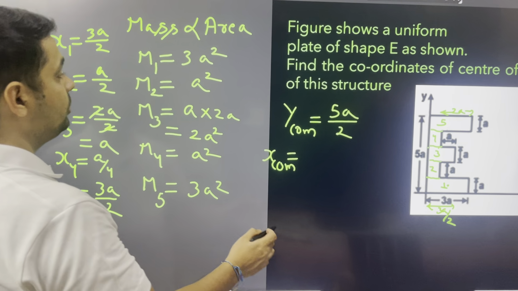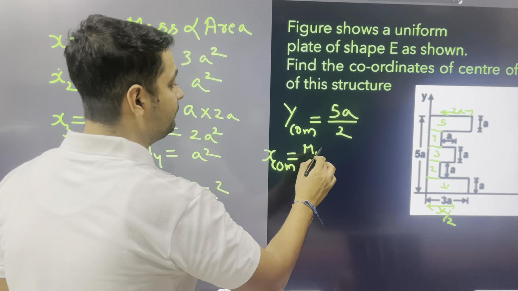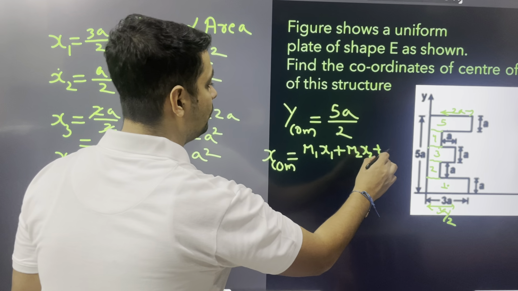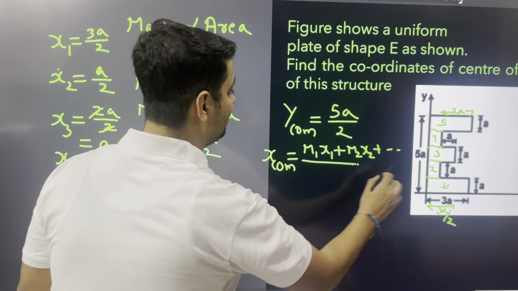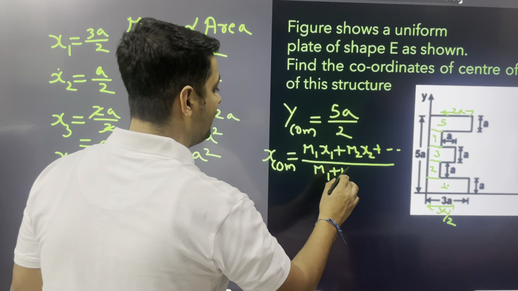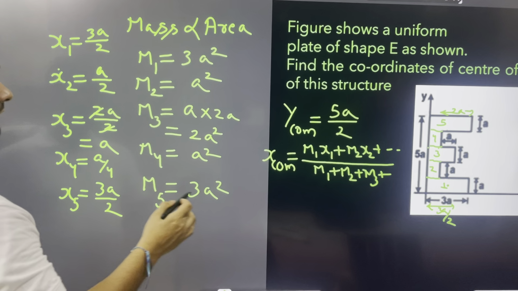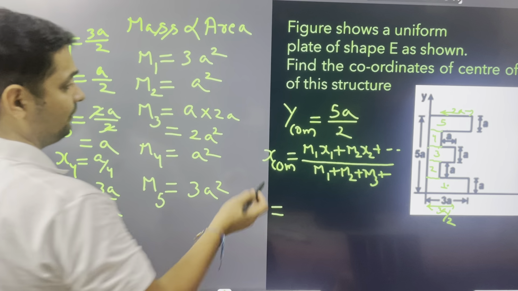Now what you have to do? You have to write the simple equation: m1 x1 plus m2 x2 plus so on till m5 x5, divided by m1 plus m2 plus m3 so on till m5. You will add it, and after putting the values you will get the answer.